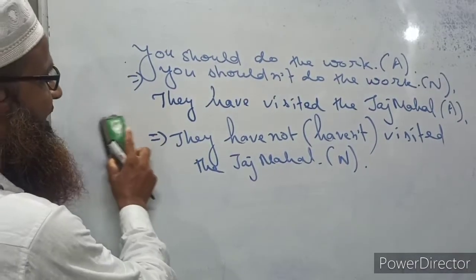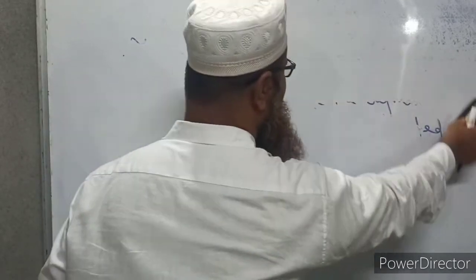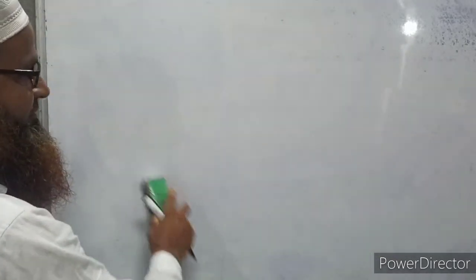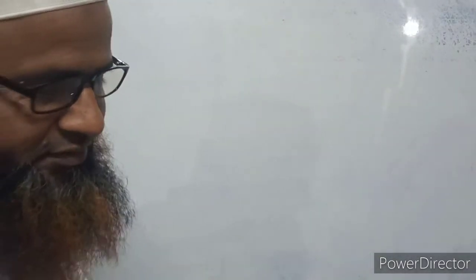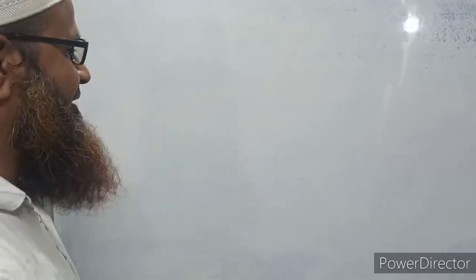So when there is always in a sentence, then it becomes negative by adding not or never. We can change it into negative without taking any help of an auxiliary verb.